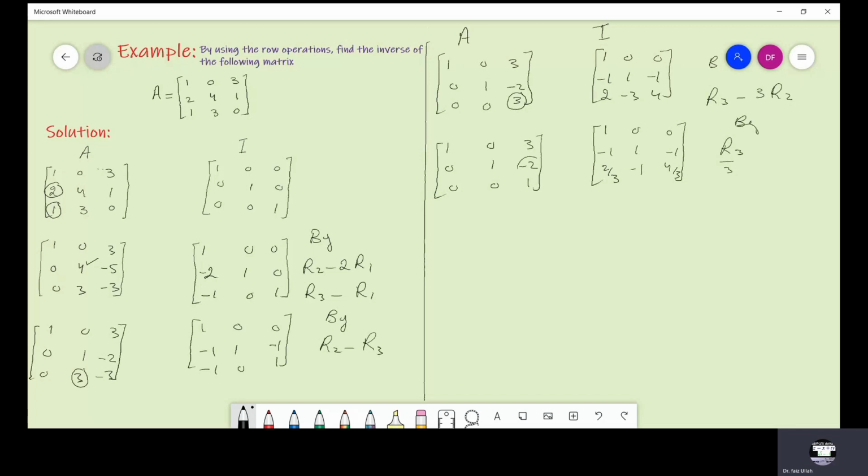Now in this step we need that this minus 2 should be 0 and this 3 should be 0. So let us perform another operation. So by using R1 minus 3 R3 and R2 plus 2 R3, we get that this is 1 0 0, 0 1 0, 0 0 1.